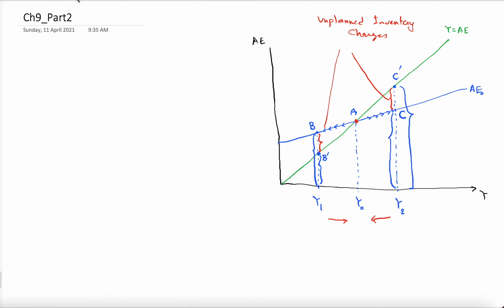So soon after this is happening, we are going to come back to the equilibrium point. So moving alongside the planned aggregate expenditure, it's only stable if it is the intersection. Any other points like B or C are unstable. It's short-lived, and it's going to come back to the equilibrium.